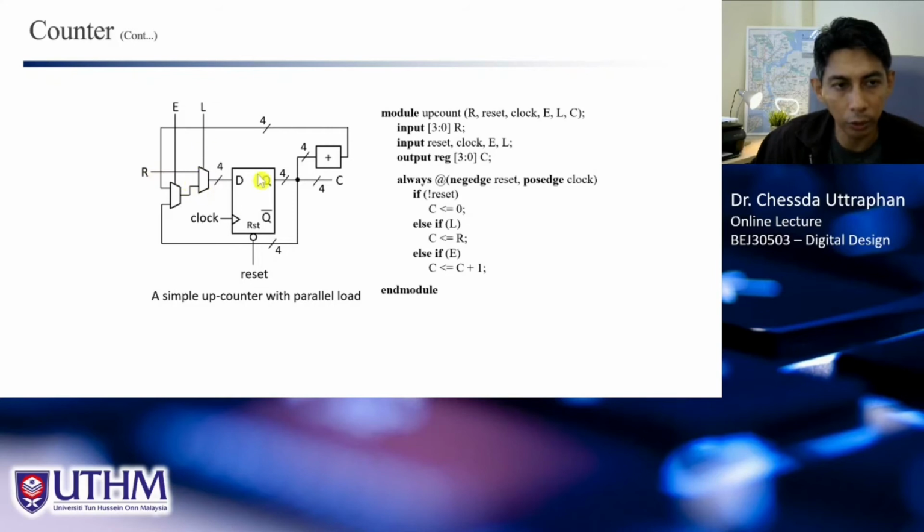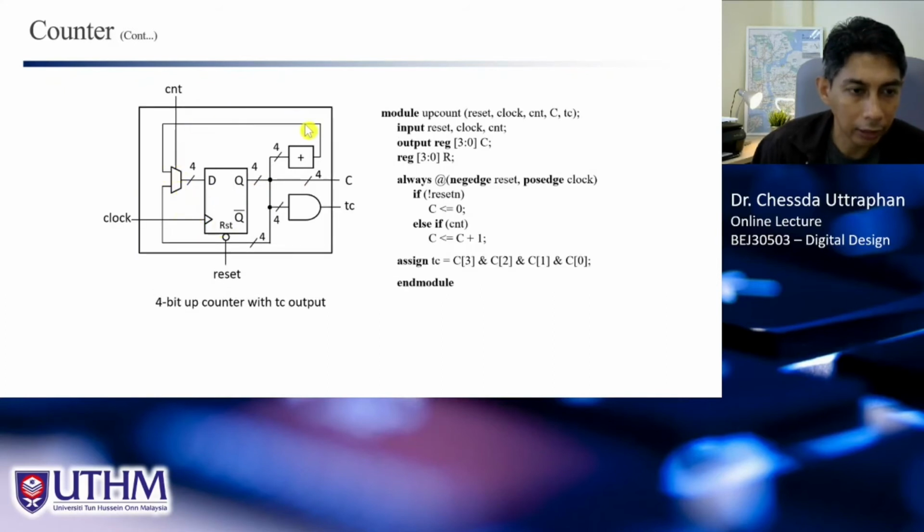So these will go to the register, and we start from 2, and then we disable this by setting L equal to 0, and it will start to count 2, 3, or you can start from 5, for example, input equal to 5. So 5, 6, 7, 8, 9, 10, and so on, right? So this is a very useful design where we can start counting from any number.